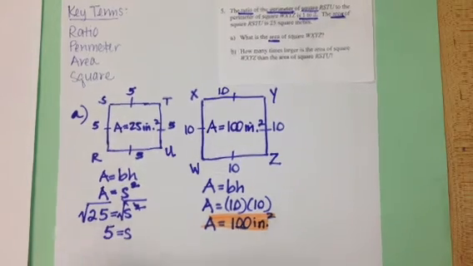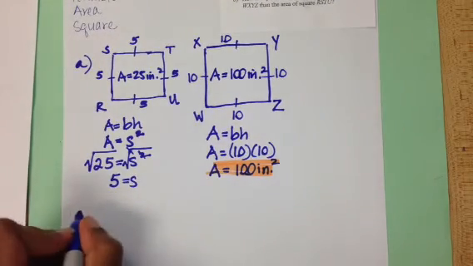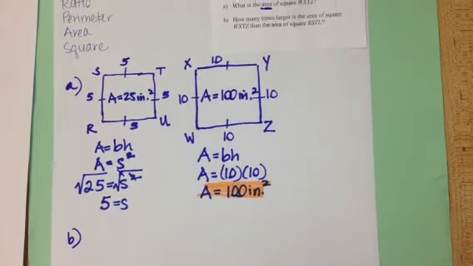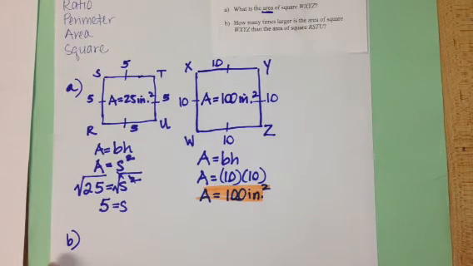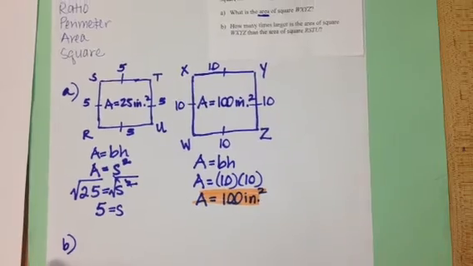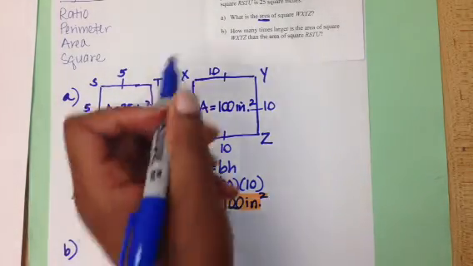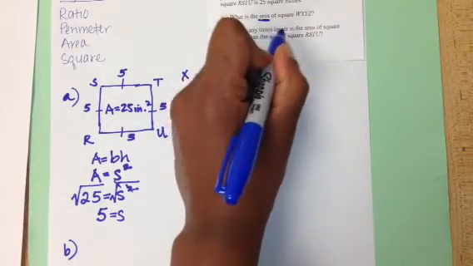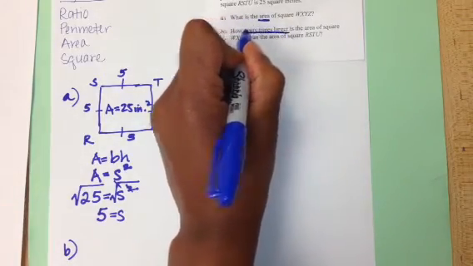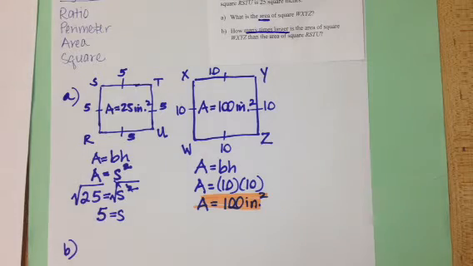Okay, so let's move on to part B. Part B says, how many times larger is the area of square WXYZ than the area of square RSTU? If we look at one key phrase, how many times larger, that indicates an operation to me, either multiplication or division.